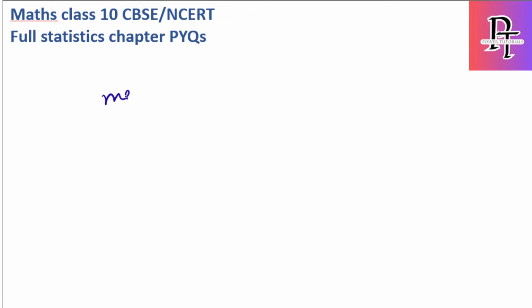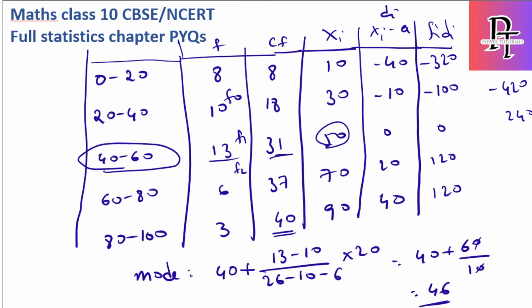So the mean formula I am using is the assumed mean method, which is A plus sigma fi di by sigma fi. The A value I have assumed as 50.